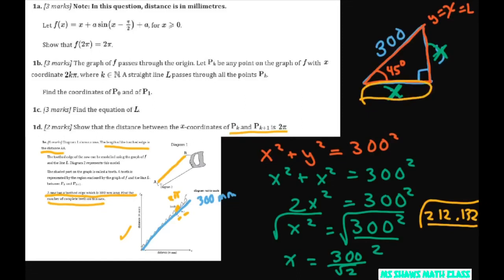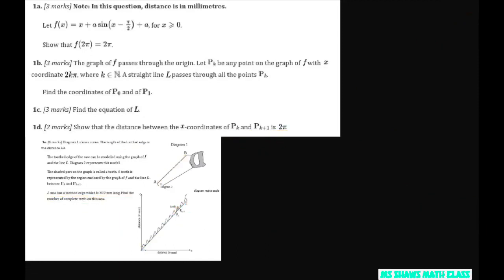Now, what they want is to find the number of complete teeth on the saw. We already know that one of these is 2 pi. So all we have to do is take our value, 212.132, and divide that by 2 pi.